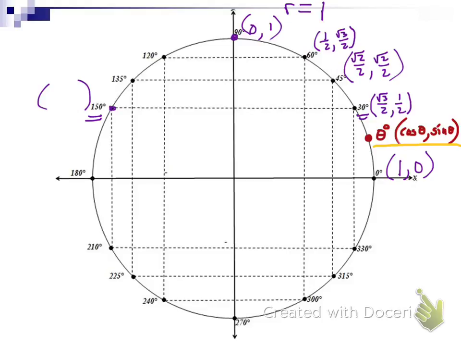So there is a relationship between 150 degrees and 30 degrees. You can kind of see it. See the dotted lines that are tying all those angles together? Those all have a reference angle of 30 degrees, right? So what's the difference between 150 degrees and 30 degrees? What's the difference?